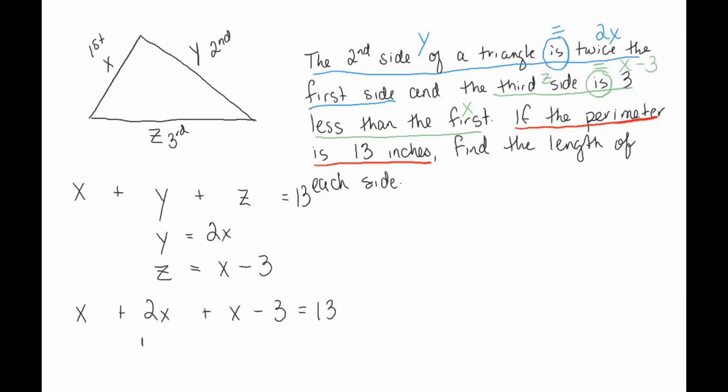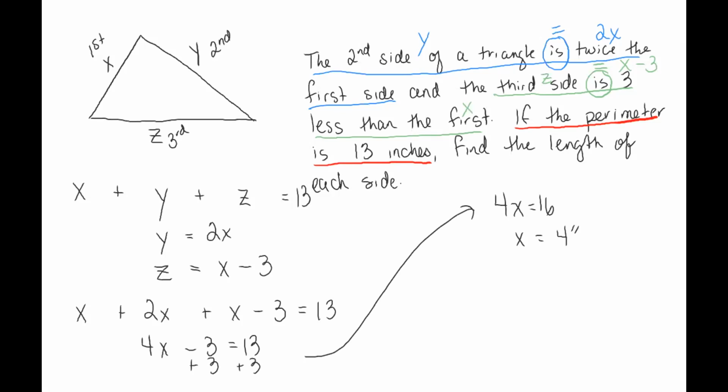I'm going to add my like terms. 4x minus 3 equals 13. Then I'll add 3 to both sides and come up here. So 4 times x is 16 and x is 4 inches.